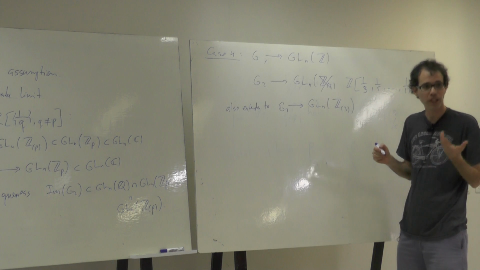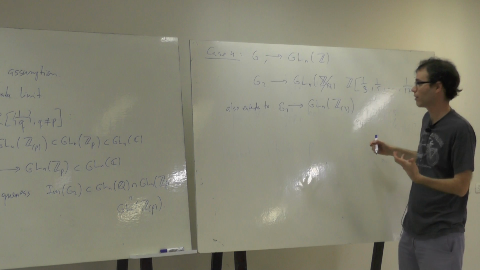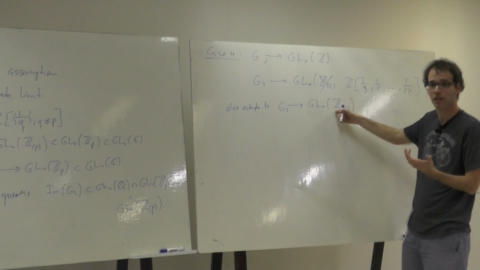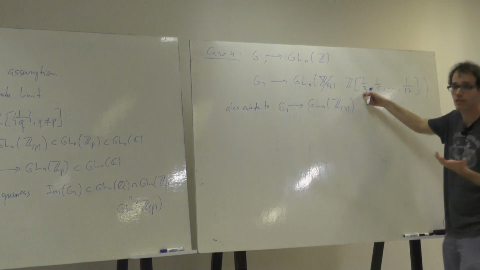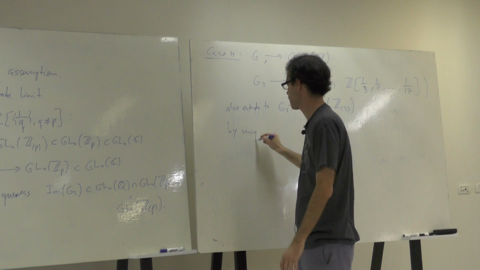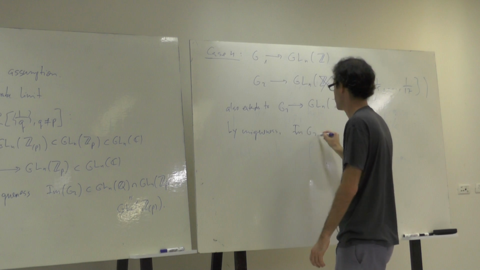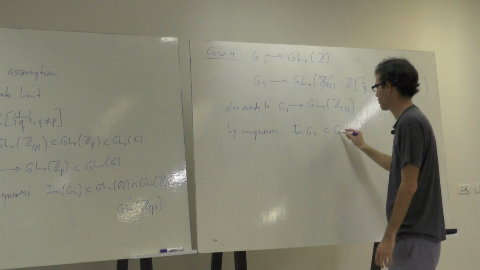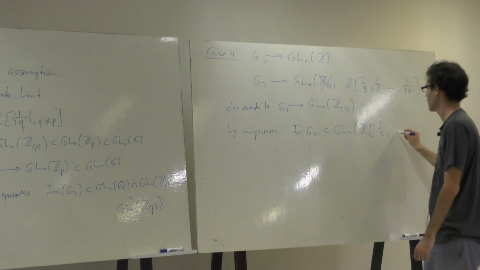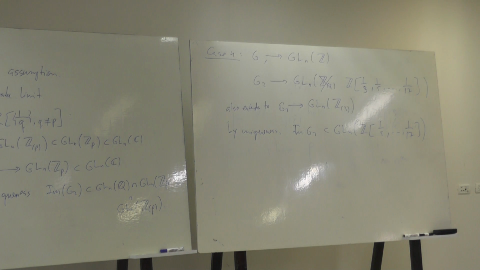By uniqueness, everything sits inside GL_N of Q. By uniqueness, the entries should be elements that are both here, that are three-adically integral, and here. The image of G2 sits inside the intersection, which is GL_N of Z[1/5, ..., 1/17], and you know how to continue. Okay, that's it.